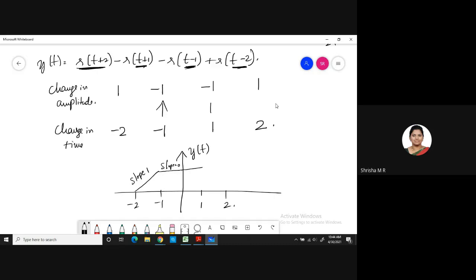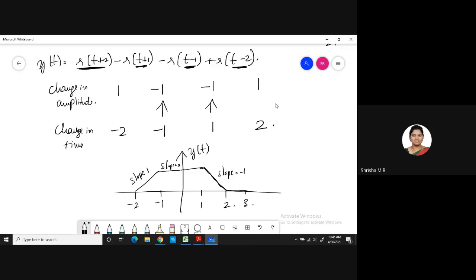At 1 it is changing to minus 1, that means negative slope. Slope is minus 1 from here to here. Again at 2 it is 1. Minus 1 plus 1 will become 0. Understood?